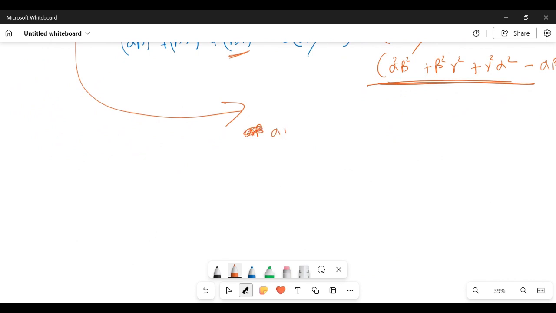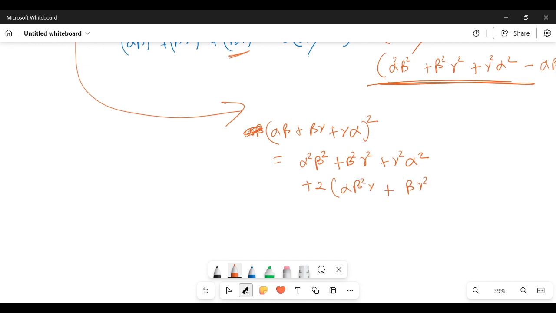So what we will get is that alpha beta plus beta gamma plus gamma alpha, the whole square, is basically alpha square beta square plus beta square gamma square plus gamma square alpha square plus 2 times of alpha beta square gamma plus beta gamma square alpha plus alpha square beta gamma.